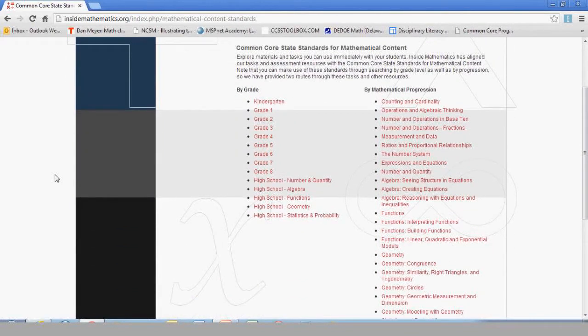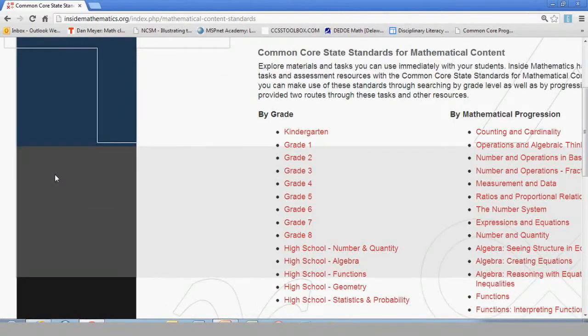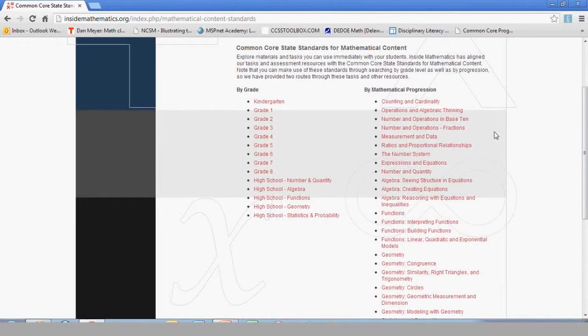And as you look at this website, you can see that they have things categorized by grade level, so you can find things for all standards in your grade level. Not every standard is tagged, but most of them are.